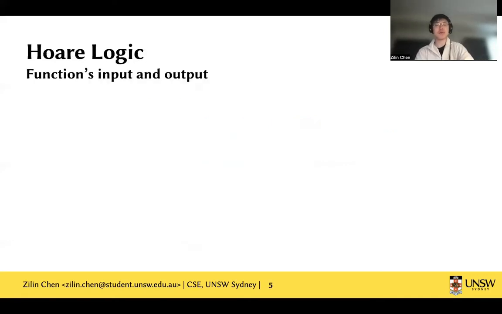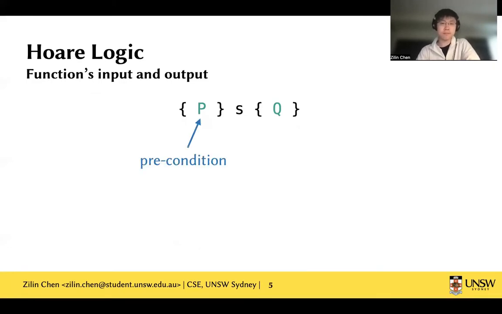The connection between Hoare logic and refinement types has long been recognized. And let's see how it's done. This is a Hoare triple, with P and Q being the pre and post conditions of executing S, which is the program. There are many languages that are verification oriented, which allow users to annotate their program with assertions.